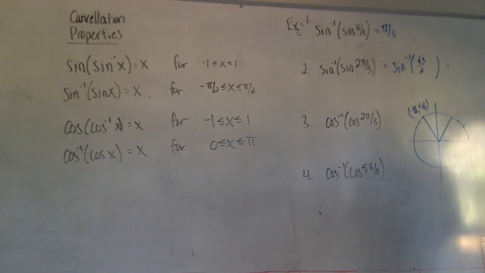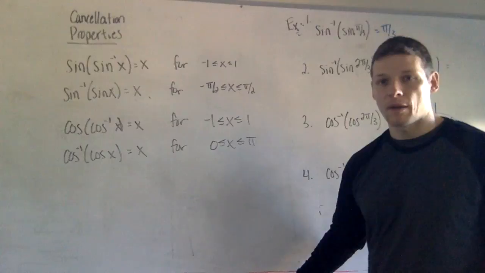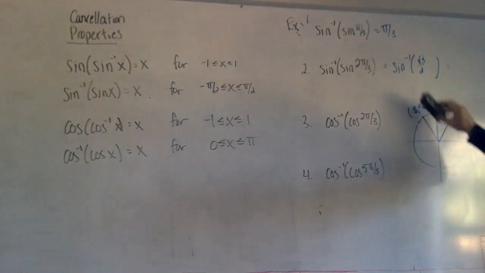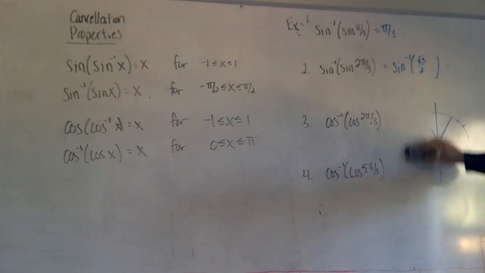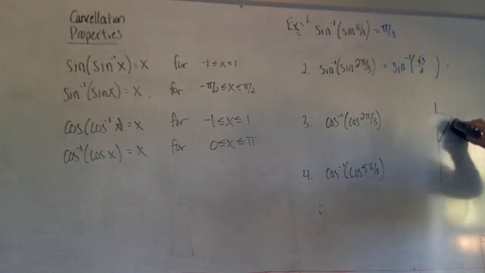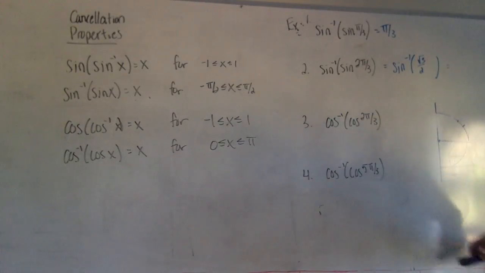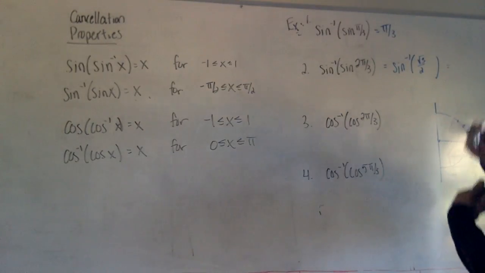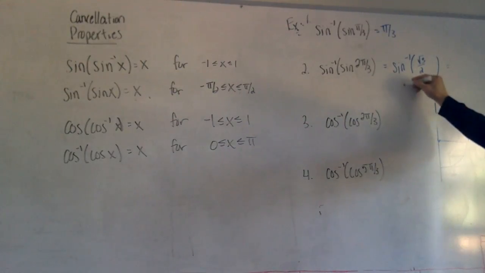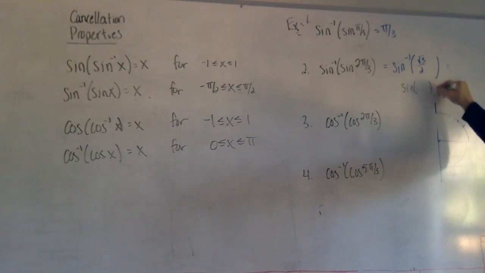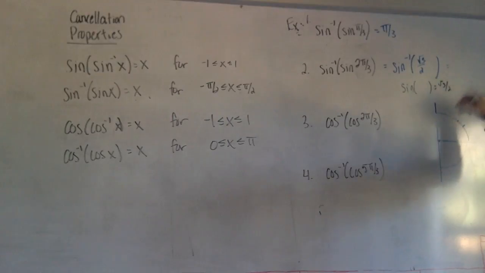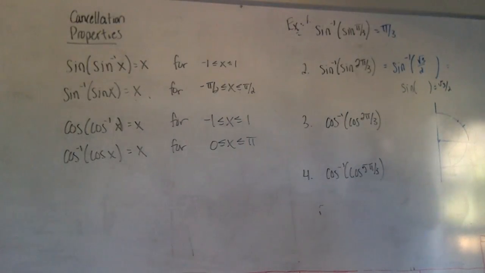So sine inverse, we only talk about it in the interval negative pi over 2 to pi over 2. So erase all this. Imagine we're just staring at this now, and the question is, for what value is sine of something equal to root 3 over 2, only between negative pi over 2 and pi over 2?